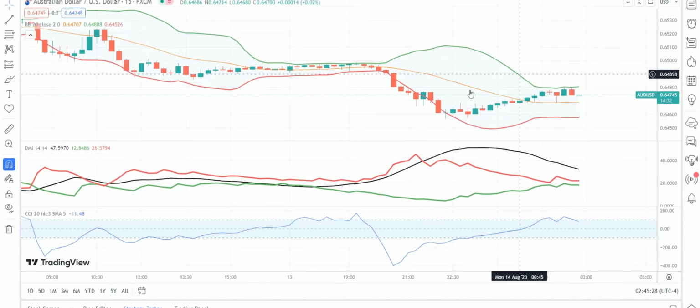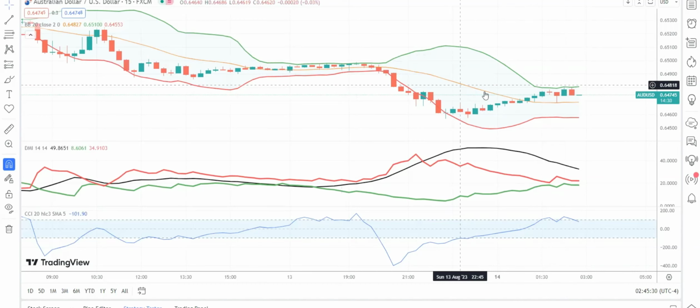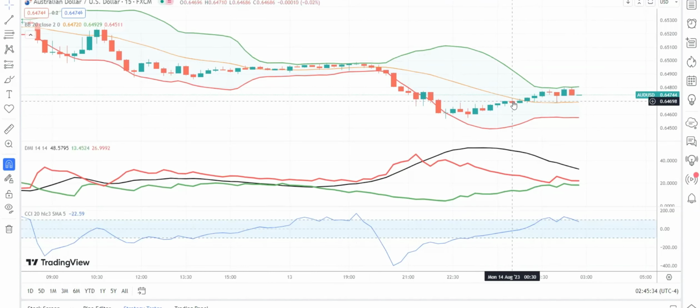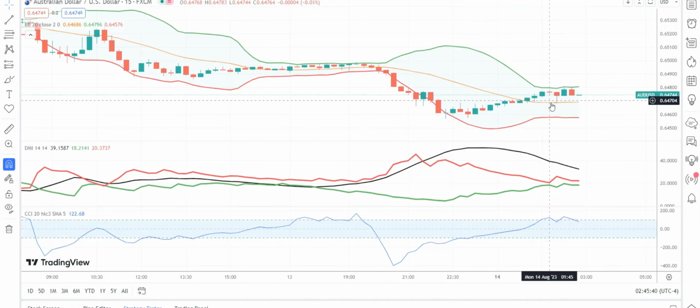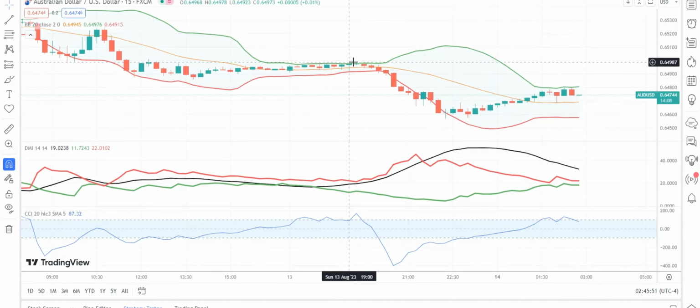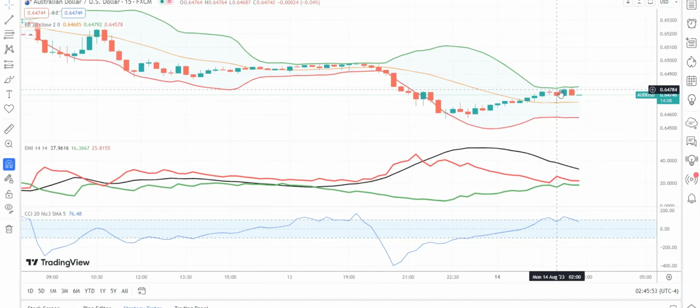Although it's staying above the value line, if you use the Bollinger Bands, the middle band represents the value. Anytime you see the candles above that middle line, that in theory means the price is higher than the value. But because the high is lower than previous highs, this bullish momentum really isn't that strong.